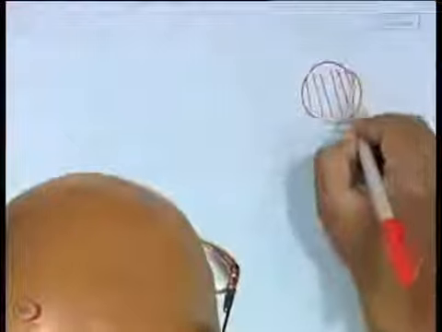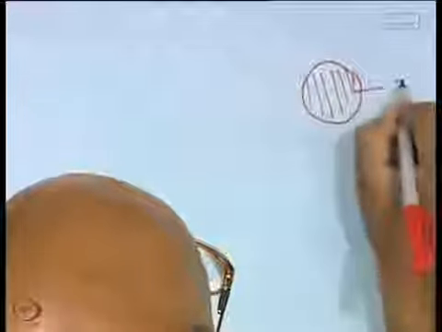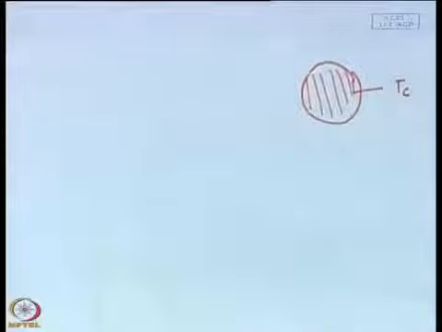of some temperature Tc. This is the core, and this is where the optical depth is of order unity, looks like this. You do not see inside this, so it is opaque. Okay, so we have an opaque sphere of some temperature Tc, and let us now consider an atmosphere.